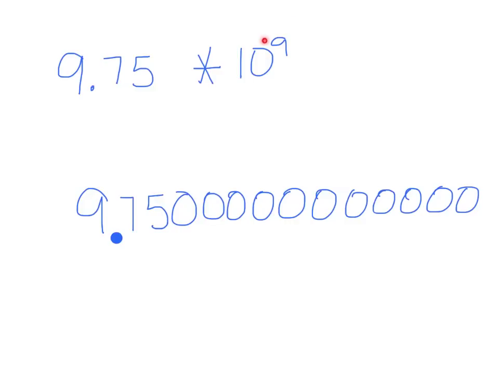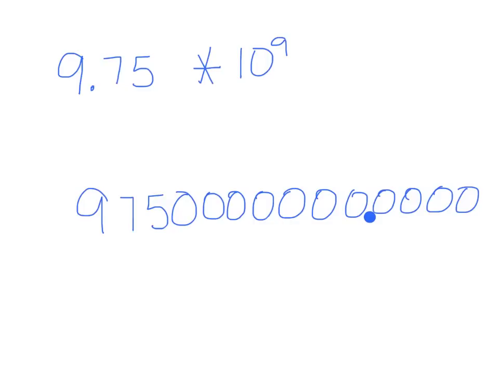And then I'm going to look up here, I'm multiplying this times 10 to the 9th power. Every time I multiply by a power of 10, I'm moving the decimal point one place value to the right. So 10 to the 9th power is 9 place values. 1, 2, 3, 4, 5, 6, 7, 8, 9.